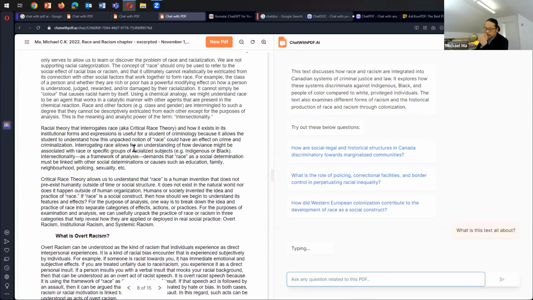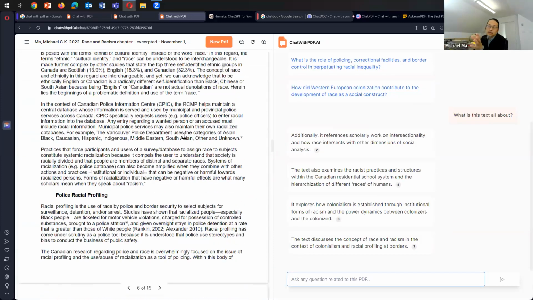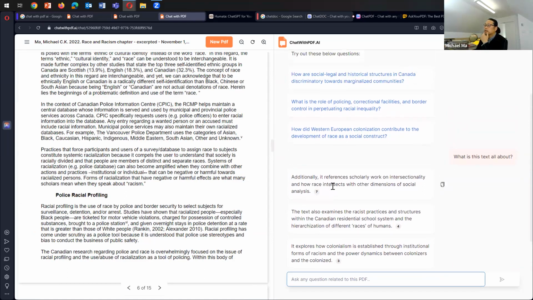So in this text, I talk about race and racism in the context of Canada, and I introduce three categories of analysis: overt racism, institutional racism, and systemic racism. Additionally, it references scholarly work on intersectionality.